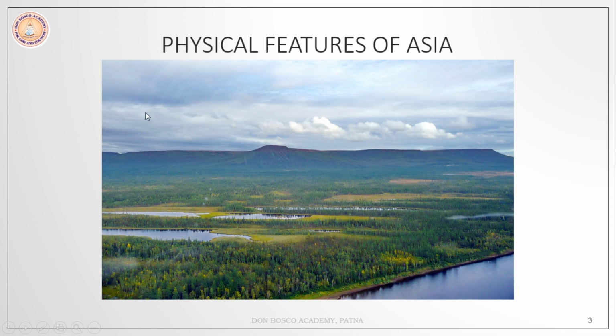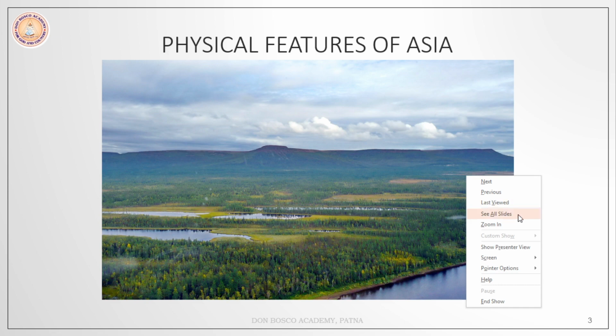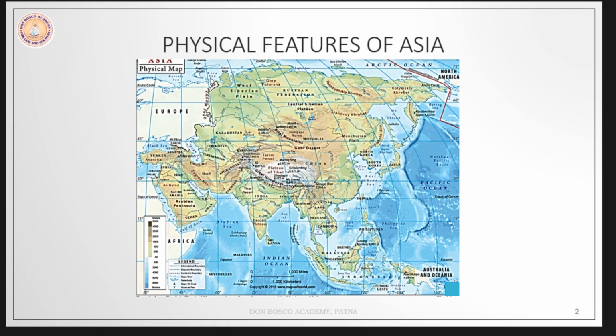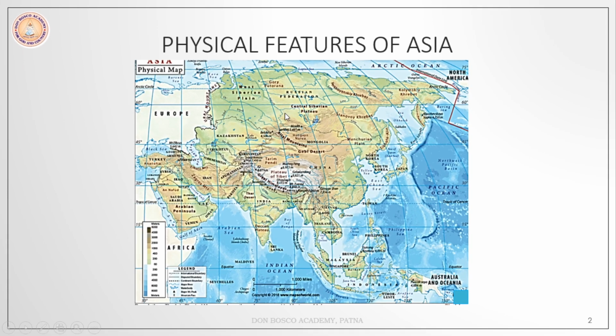On your screen you can see an image of the swamp or the marshy region which is formed by the rivers. So due to poor drainage, these kinds of swamps are very common in the northern part of the continent of Asia.